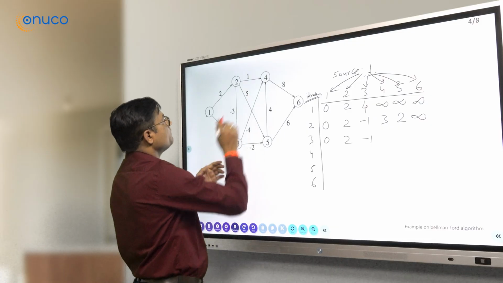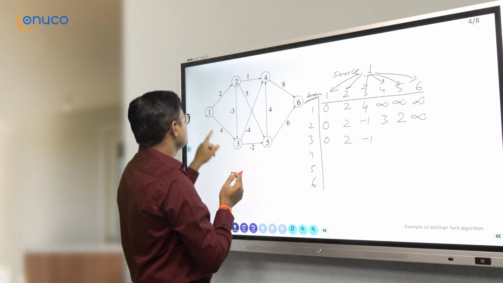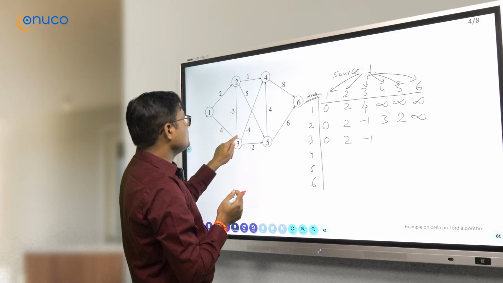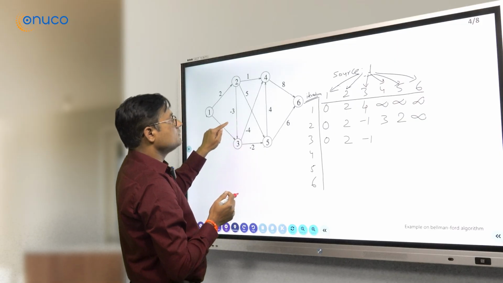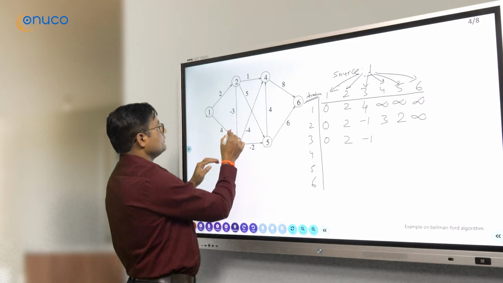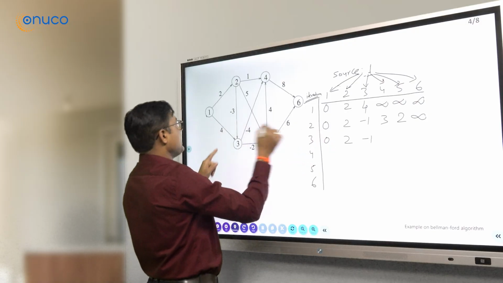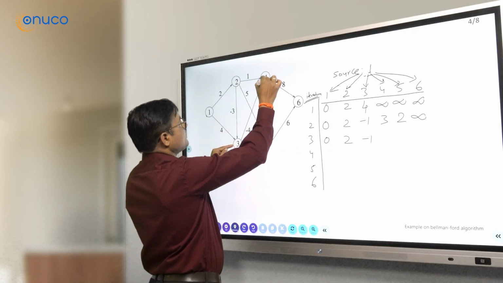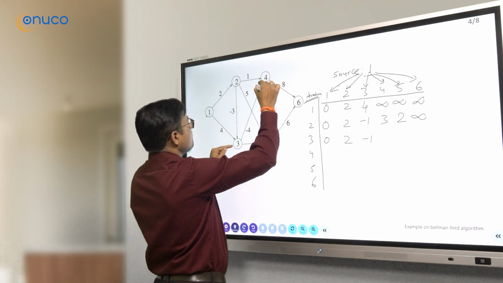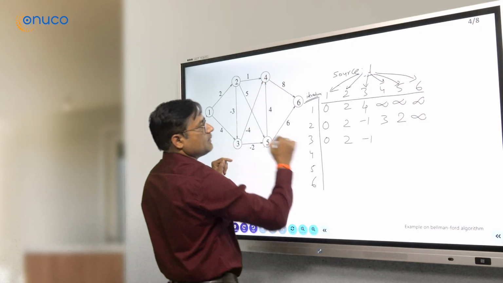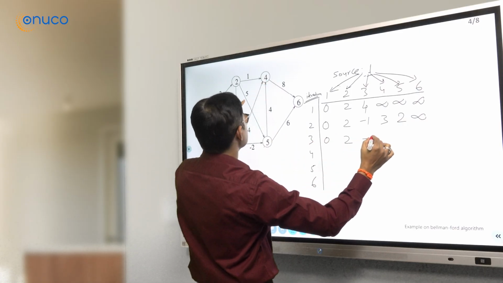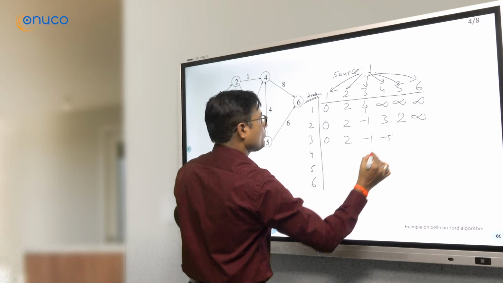So 4 minus 4 becomes 0. So we are going to update this with these values, minus 1 and minus 4. Minus 1 minus 4 becomes minus 5. Okay.